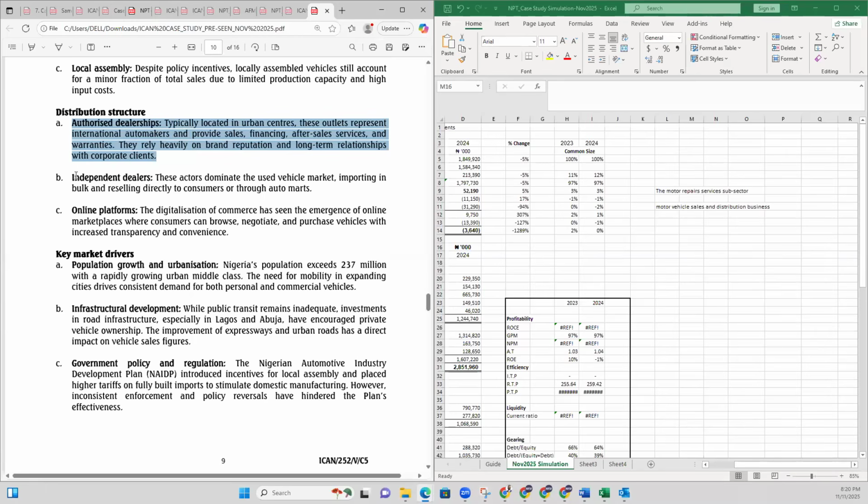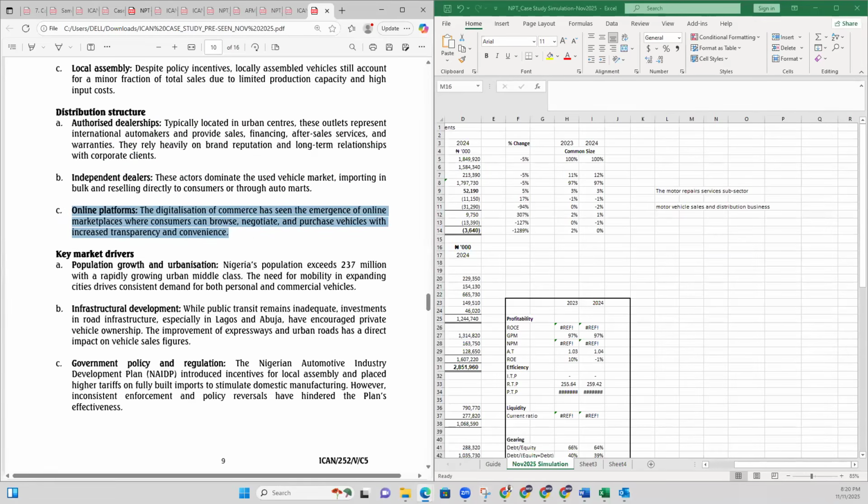And then you also have independent dealers, which is the more common one, where even if you travel to other states outside Lagos or outside Abuja, you see many dealers that are not necessarily Toyota or Mercedes authorized dealers. And then you've also got online platforms. So if you want to buy a car now, there are online platforms as well.